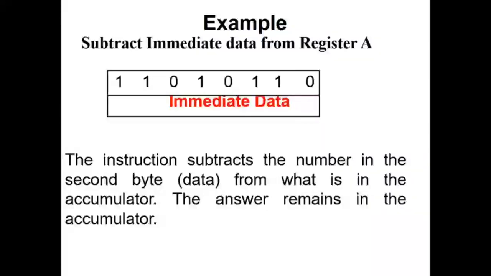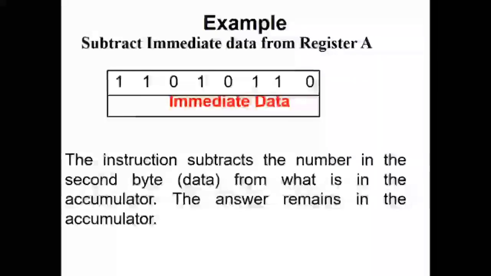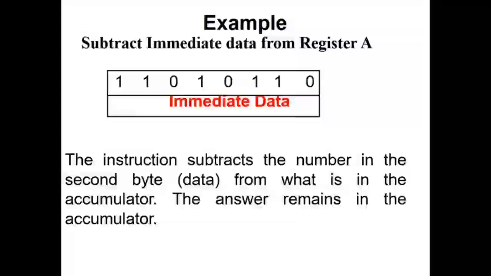So for the second byte, you just mention what is being subtracted from register A. The whole of the first byte means subtract immediate data from A. We are not giving the code for A. You look at the format. The format says subtract immediate data from register A. So you just supply the immediate data. What is in red is what you just supply.